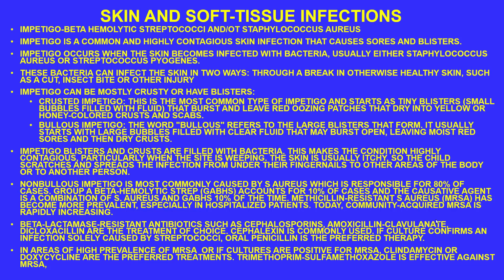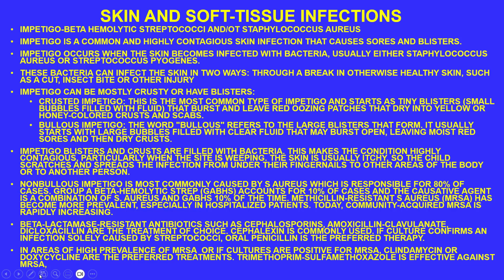Sometimes you have the preferred therapy, which is just oral penicillin. And part of this is because in areas of high prevalence of MRSA, or if cultures are positive for MRSA, clindamycin or doxycycline are preferred treatments. Trimethoprim sulfamethoxazole is effective against MRSA as well.